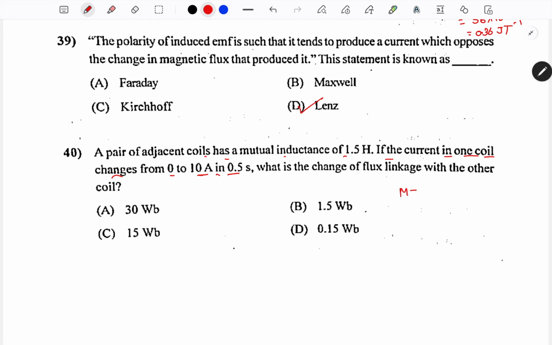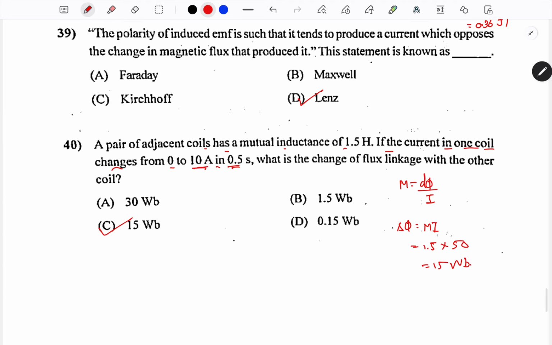So we know that for mutual inductance, M is equal to change in flux by change in current. So we have to find delta flux is equal to M into I, and mutual inductance is given 1.5, into current 10 ampere, which is 15 Weber. So the answer is C. This was the paper of GUJCET 2023.